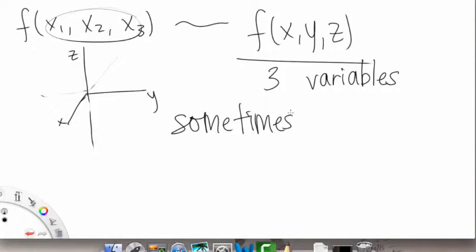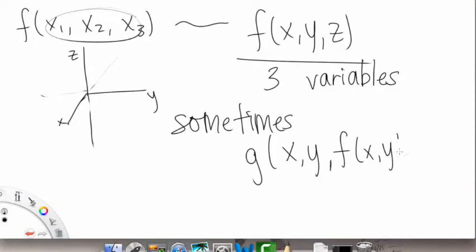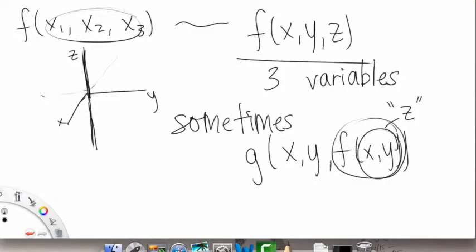Anyways, here's a special thing that we'll also see. Sometimes we see a function such as g of x, y, and instead of z, we see another little function of x and y. This third component, we can still call it z, right? It's in the z position, so that means how much you go up or down. This is dependent on the first two variables, which are independent of each other.